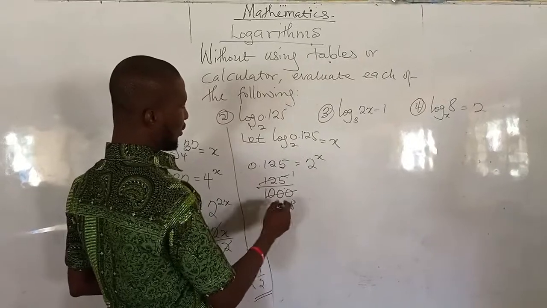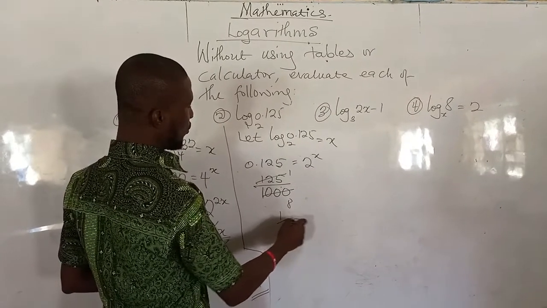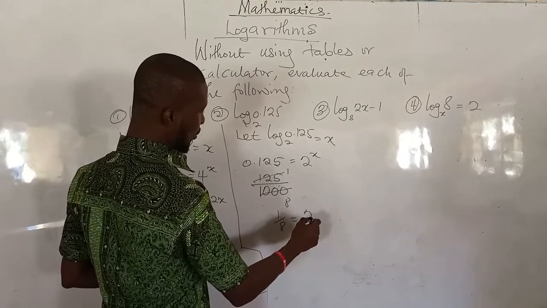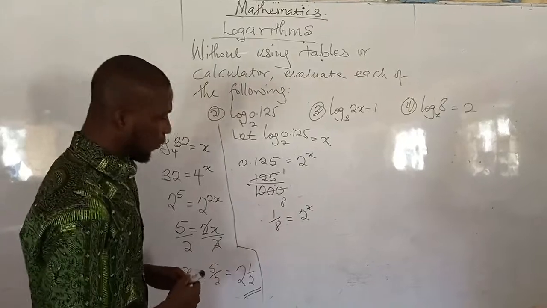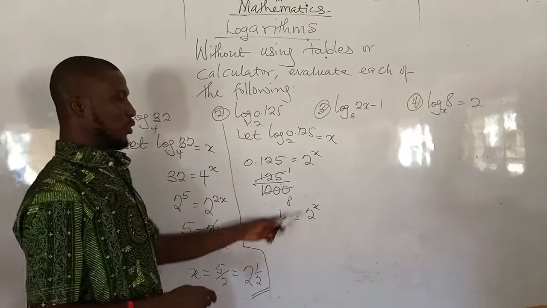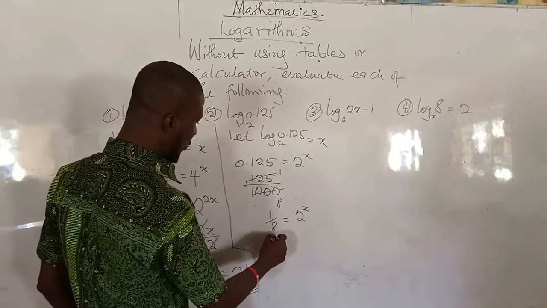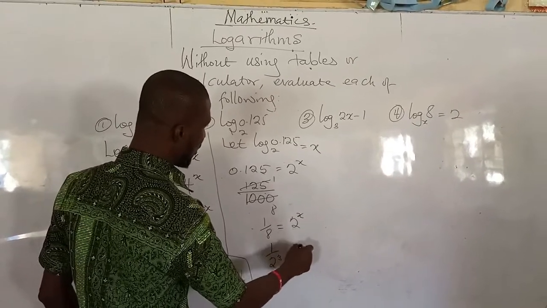So that means that 1 over 8 will be equal to 2 exponent x. We want to have a common base. And here we can express 8 as 2 exponent 3. So this is 1 over 2 exponent 3 equal to 2 exponent x.